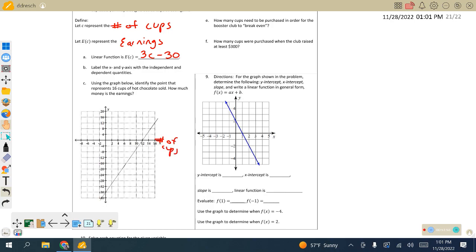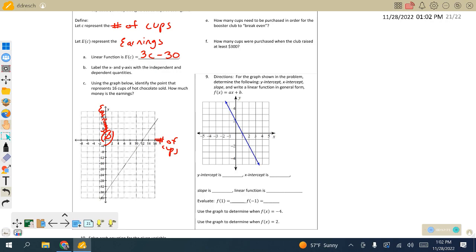You get the earnings as your Y values. And what are we in? We are in dollars, right? So it's always the case. The C, that is your independent, that is your X axis. And then the money, the earnings, that's your Y axis.